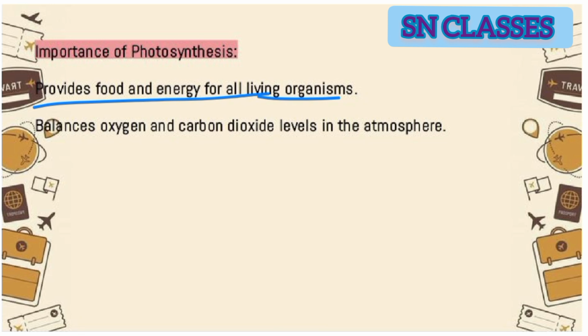Next, it balances the oxygen and carbon dioxide level in the atmosphere. The carbon dioxide given out by humans and animals is taken in by plants, and in return they give back oxygen to human beings and animals.